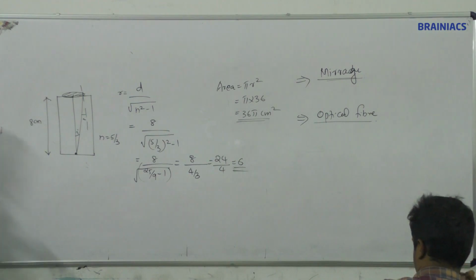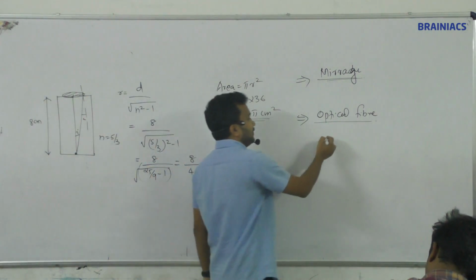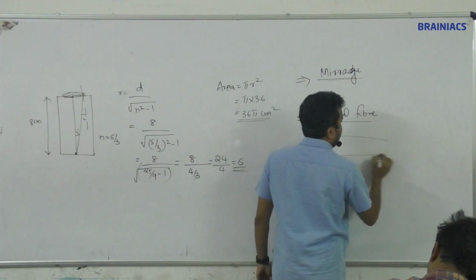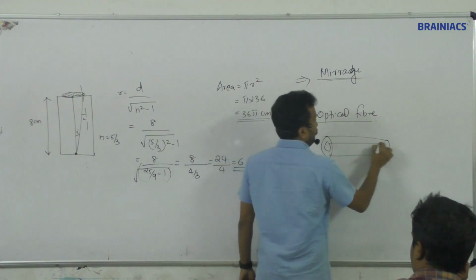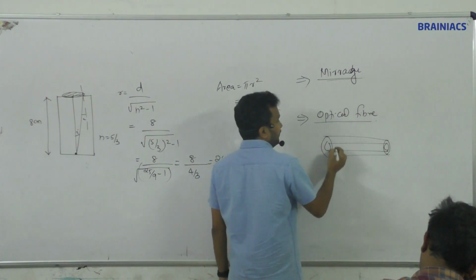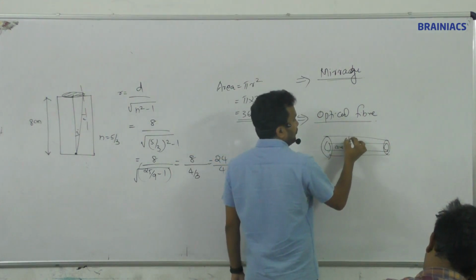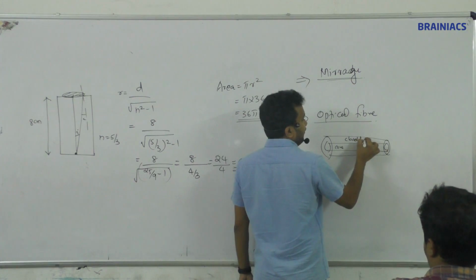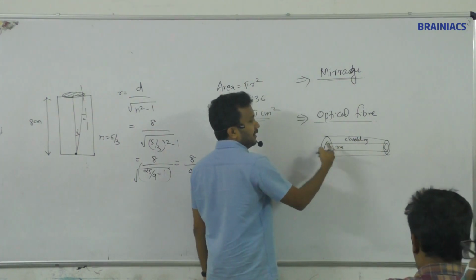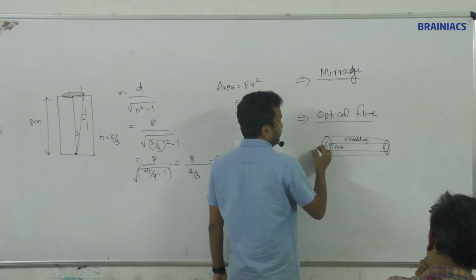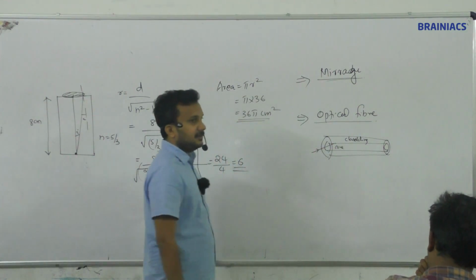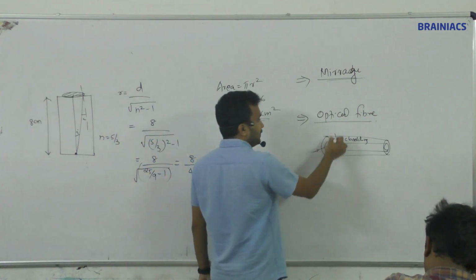Inside the optical fiber, the total internal reflection happens. Core, cladding. So now, critical angle.